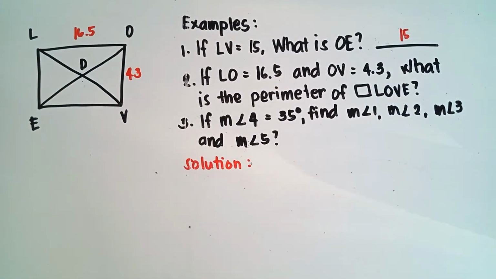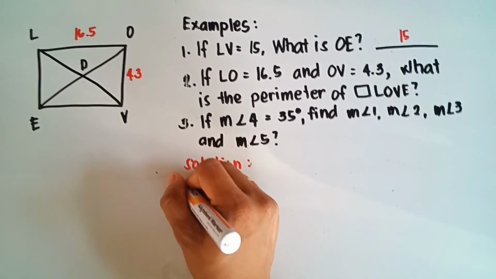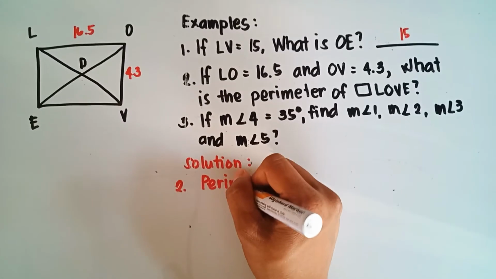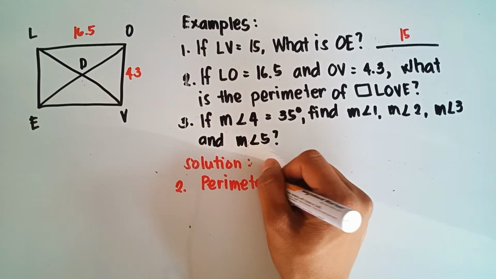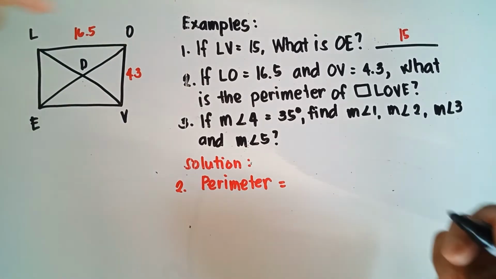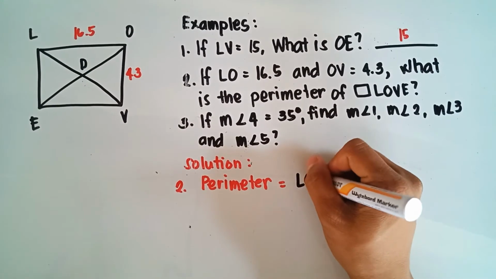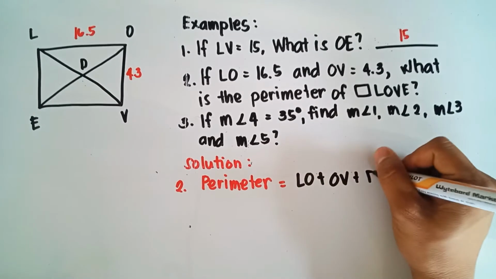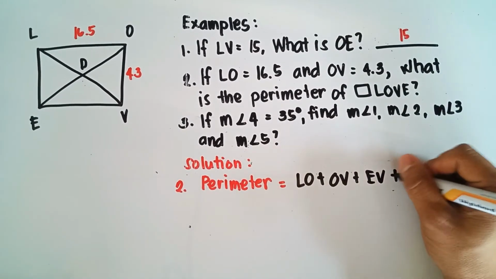So we are trying to look for the perimeter. So perimeter is equal to the measurement of all the sides. So we have LO plus OV plus EV plus LE.